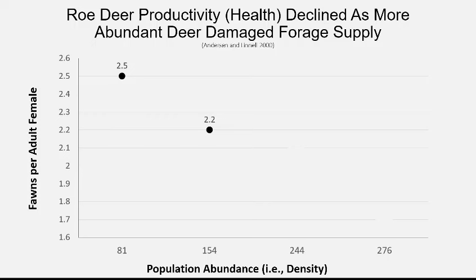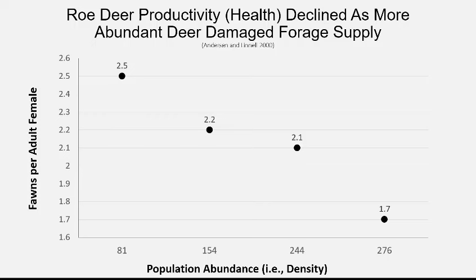The third year of the study, there were 244 deer. And here the adult does are now averaging 2.1 fawns per adult doe. The fourth year of the study, 276 deer were present, and now the adult does were only producing 1.7 fawns.